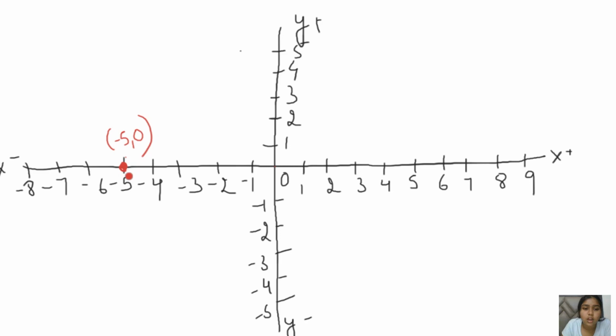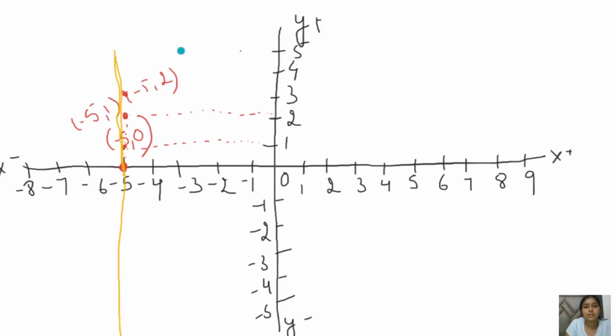These are the points. Now what we have to do is join these points, and after joining these points we'll get a straight line, and what you will see is that this line is parallel to the y-axis.